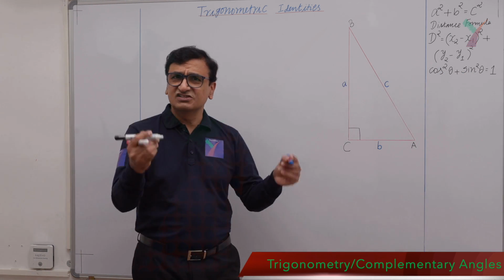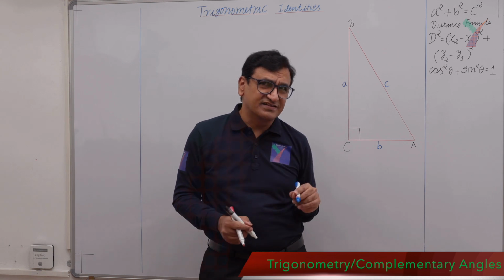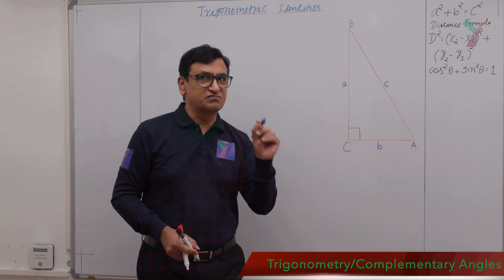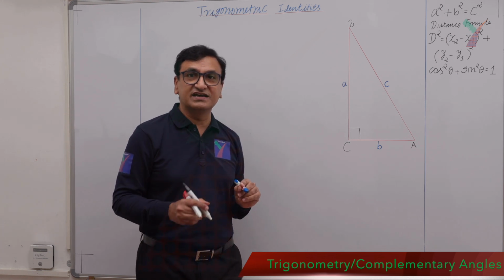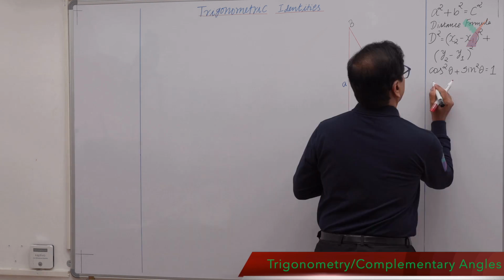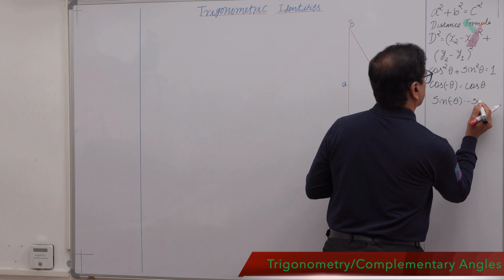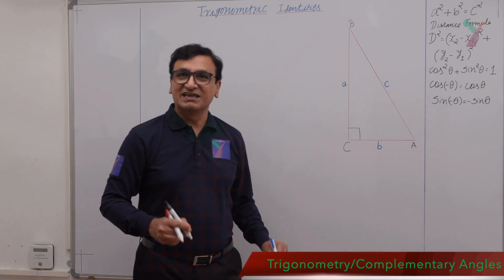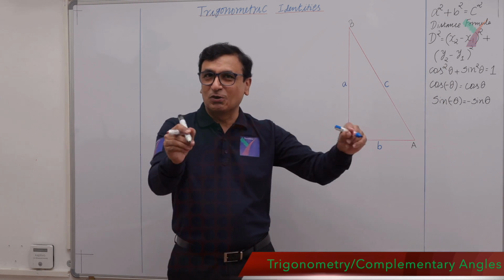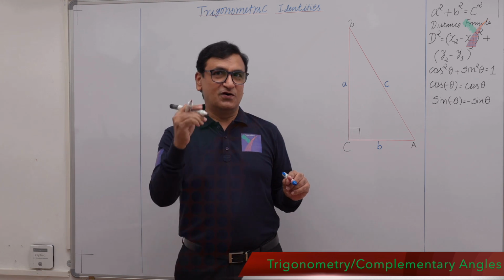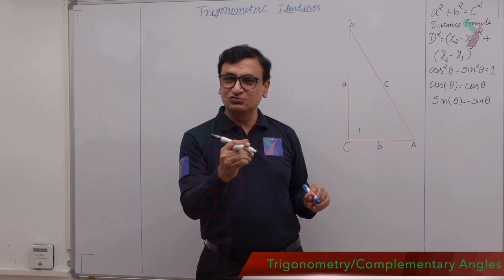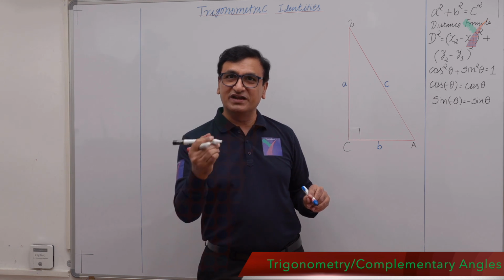We have also proved one or two other identities such as cos of minus theta is cos theta and sin of minus theta is minus sin theta. Here we are getting into the derivations proper. Next, I am going to prove the complementary angle formula, that is cos of pi by 2 minus theta and sin pi by 2 minus theta.